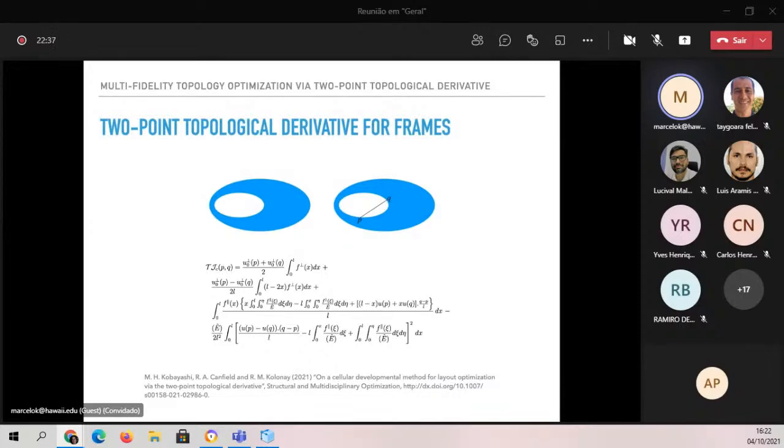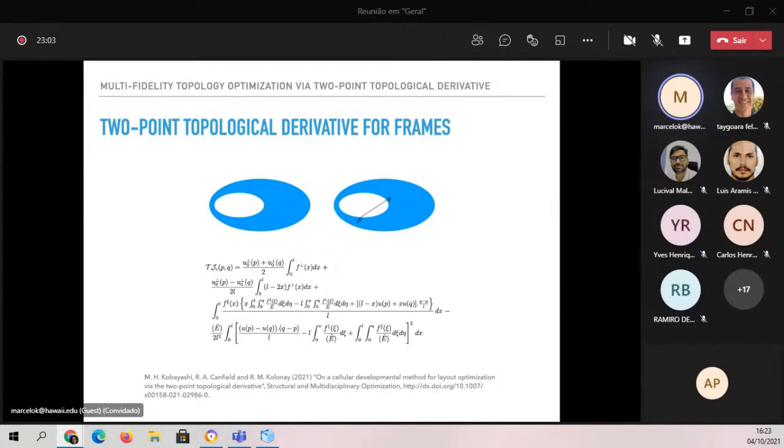Okay, so basically the question we answer is, if you have a domain, the blue domain that you see there, and you have 2 points at the boundary of that domain, what would be the change that would occur in a certain functional calculated over the domain due to the addition of a thin ligament connecting those 2 points P and Q?